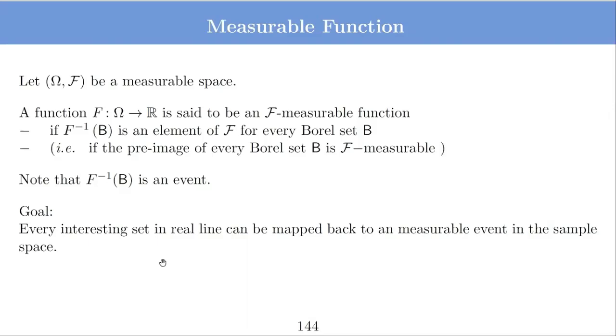If it is outside sigma algebra F, then we do not know how to measure it, because remember, we have defined a probability measure in the probability space, and the probability measure only measures sets which are available in sigma algebra F. It is not defined for the rest of the subsets of capital omega, if there are any. So we want to make sure that no matter what f you take, you should be able to map every interesting event in the real line to a measurable event in the outcome space, the sample space.